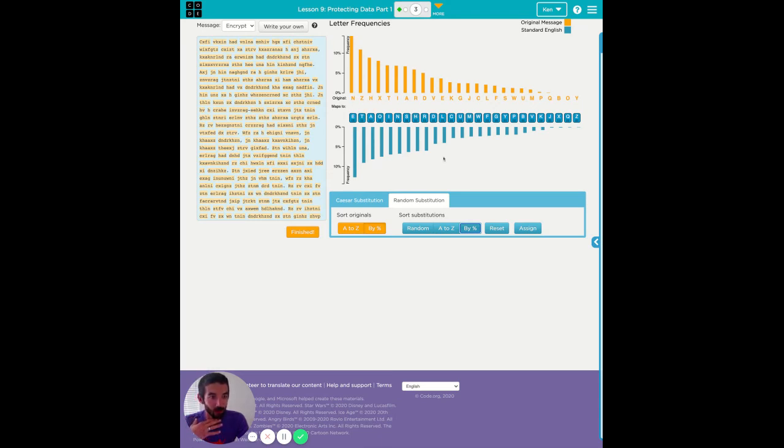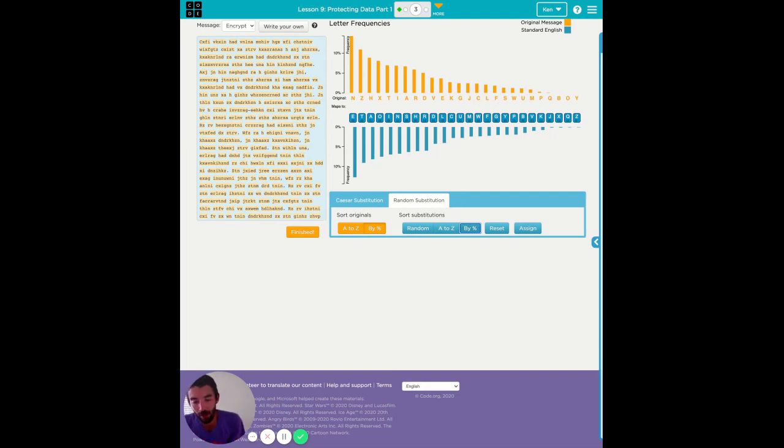Again, these are percentages across the whole English language, like words in the dictionary. So they're not necessarily going to match up to this specific passage, because this passage only uses a subset of those words. But at least I know that probably F in the encrypted message isn't going to match up with E, because it's so infrequent down here that it's probably not going to match up with the most common letter that we find. So that's just somewhere to break it down a little bit.